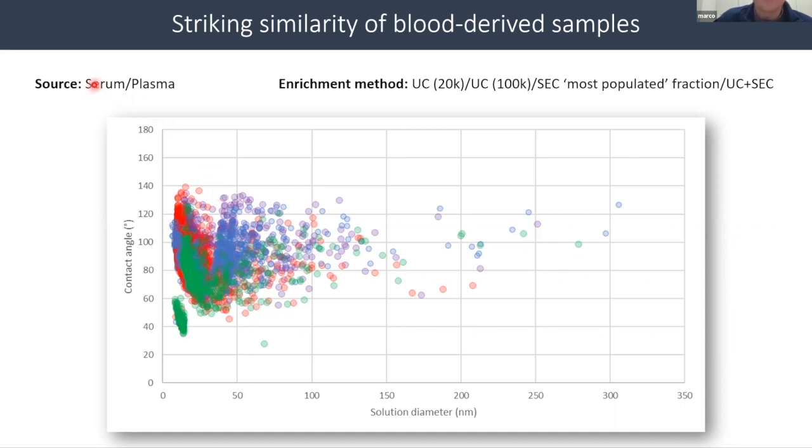They are either from serum or plasma. They are either centrifuged at low speed, or the second one at high speed. The third one is just the most populated fraction of the size exclusion chromatography column. The fourth one has both UC and size exclusion. And as you can see, all of them are very similar.